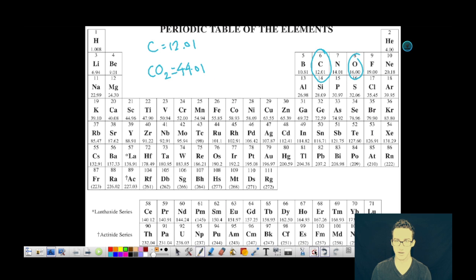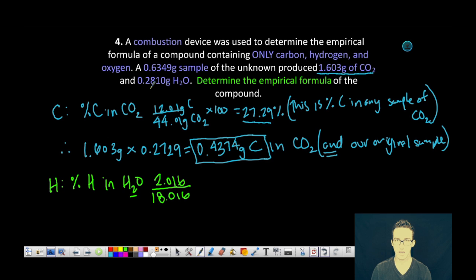This time we're doing water. H is 1.008. H2O is going to be 1 of these and 2 of these and 1 of these to give us the 18.016. Which means that our percent hydrogen in water is 11.19%.